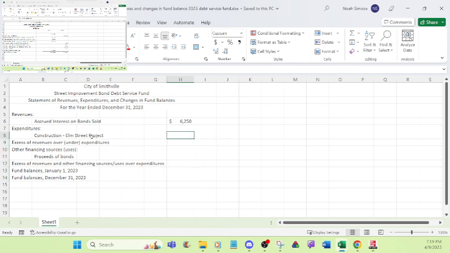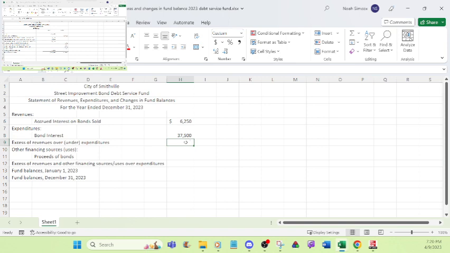Okay, expenditures. There's only one expenditure again, but it's actually bond interest, and that's going to be 37,500.